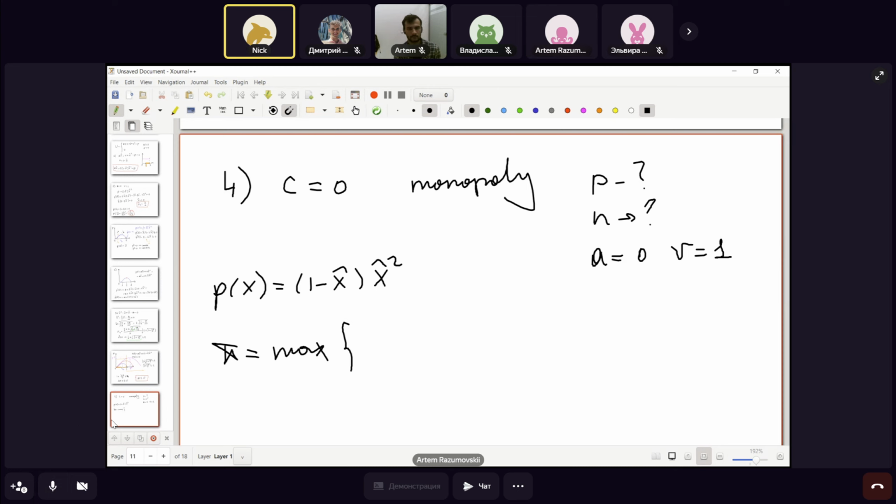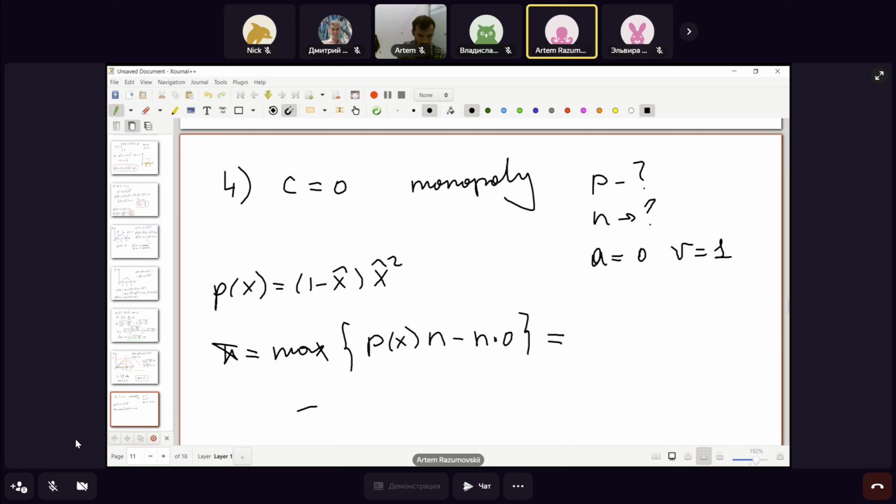So this price multiplied by one more x is equal to n. If n equals x in this case, here it will be n multiplied by 0 because costs are 0. But what is n here?